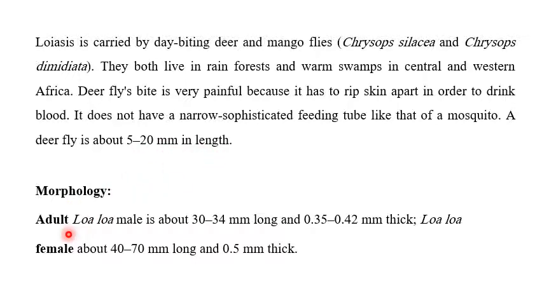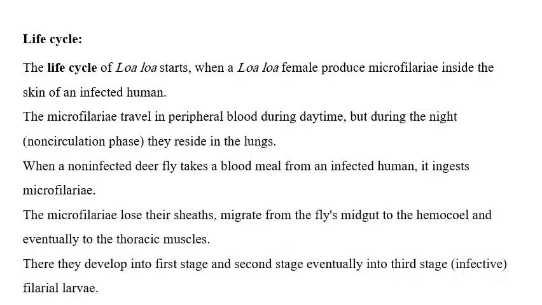Morphology: the adult Loa loa male is about 30 to 34 millimeters long and 0.35 to 0.42 millimeters thick. The Loa loa female is about 40 to 70 millimeters long and 0.5 millimeters thick. Life cycle. The life cycle of Loa loa starts when a Loa loa female produces microfilaria inside the skin of an infected human.